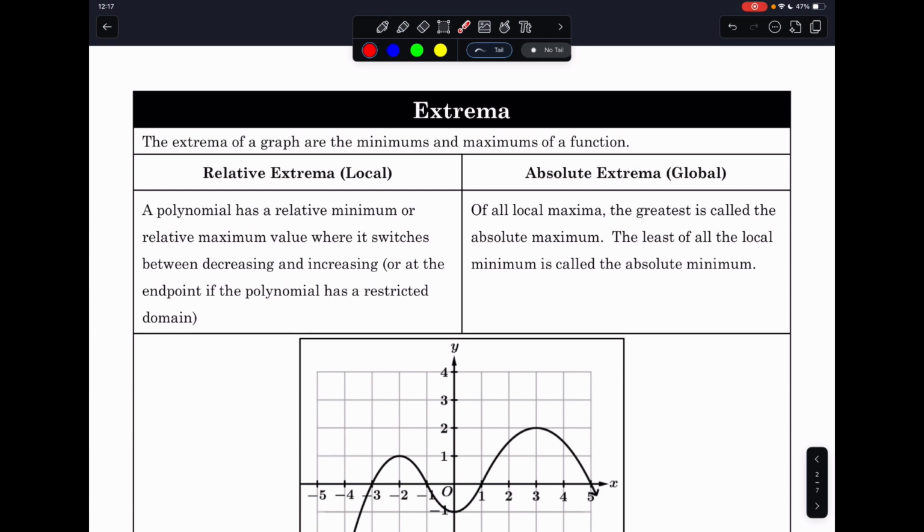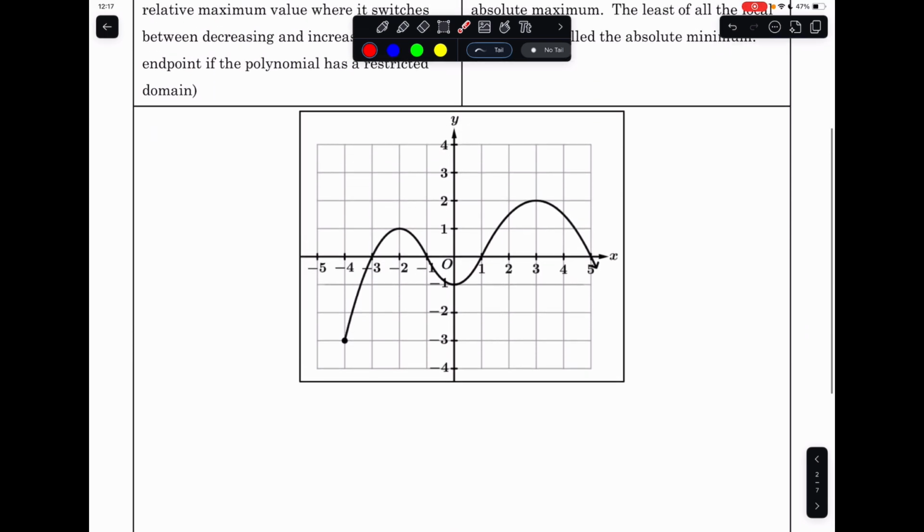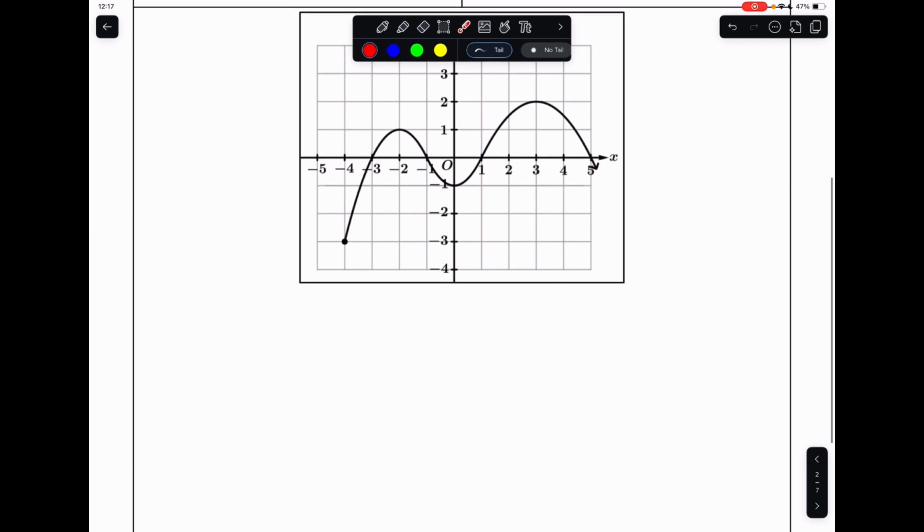How do I identify the difference between a relative, or a local, which is the same thing as relative, and a global, which is the same thing as absolute? So let's look at this example right here. In order to identify these things, the first thing you need to do is identify where all of our extremas are located. Where is the rate of change going to equal 0?